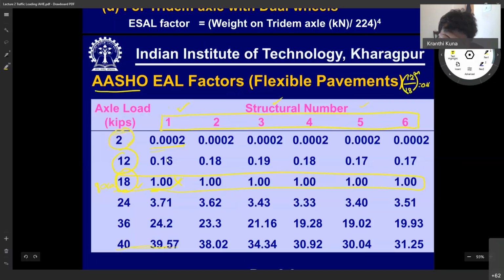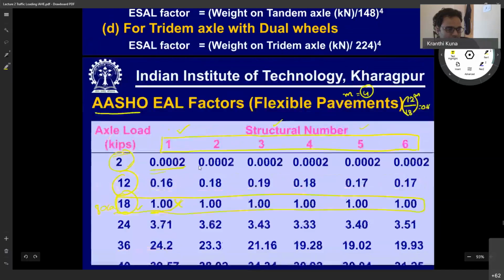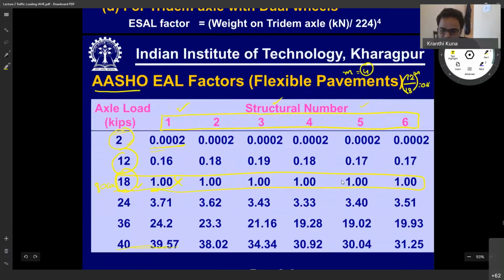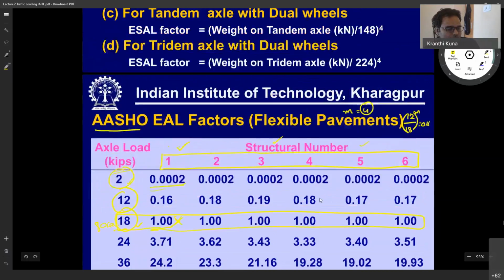Okay, so if you find out m from this, approximately your m will be 4. So this is how the fourth power law has come. Not exactly, but close to 4 it should be.